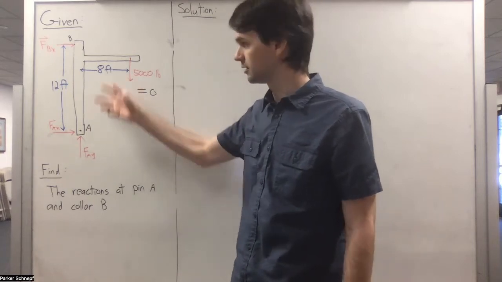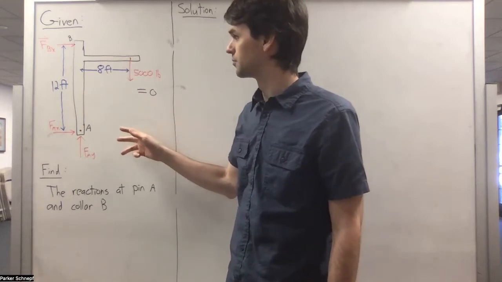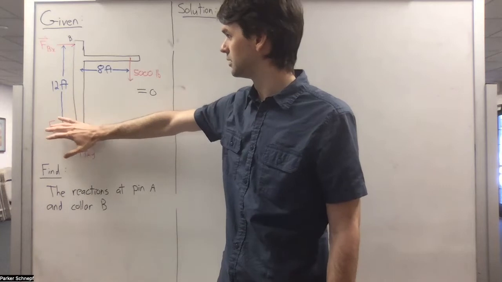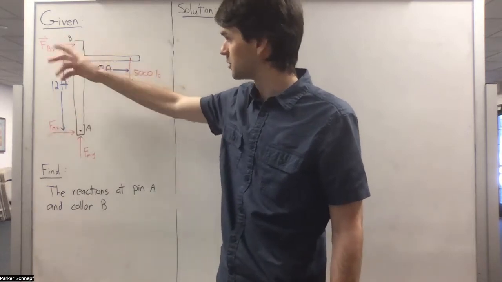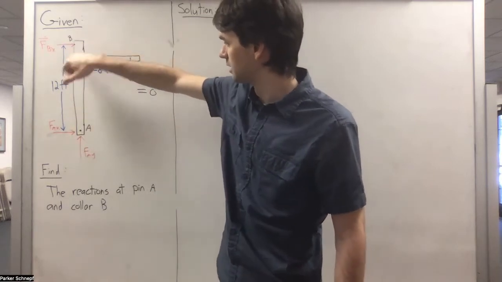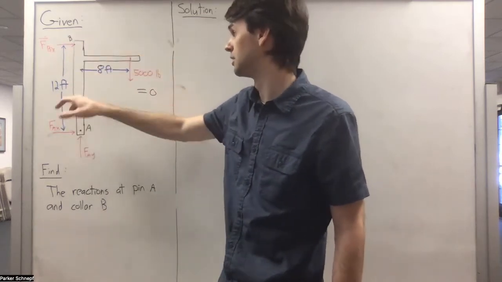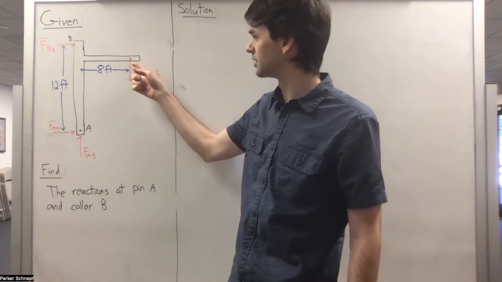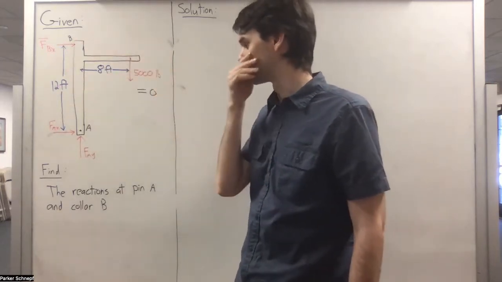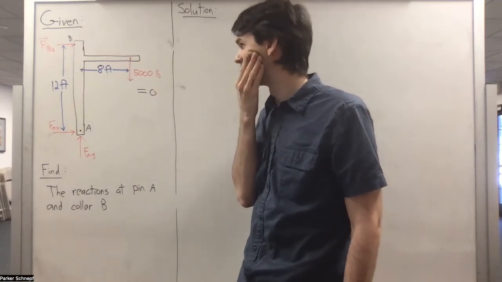We could pick any point, but if we pick point A, then these 2 forces would cancel out and we'd only be left with FBX, so that would be pretty good. If we pick point B, then FBX and FAY would cancel out, and we'd only be left with FAX, so that would also be good. If we picked a point out here, that would not be good, because now we have all our unknowns left in that equation. So we have some options on how to proceed.